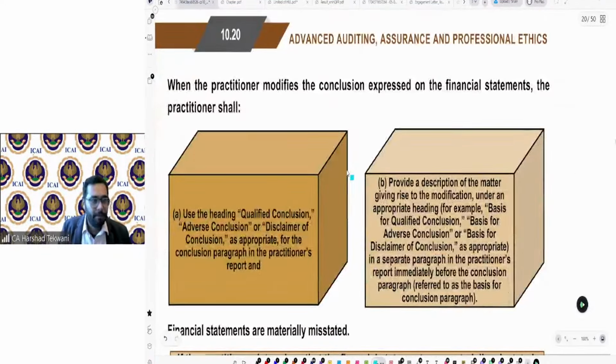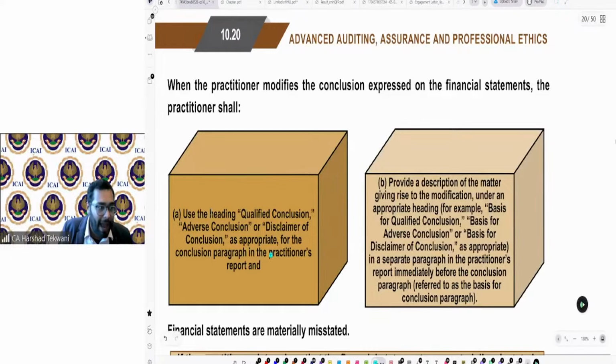In that case, I need to modify my opinion. But again, if I need to modify, there are some requirements that I need to follow, the way it is there in SA 705. The same way we have here.